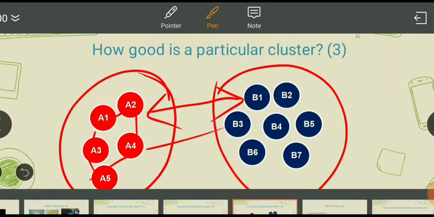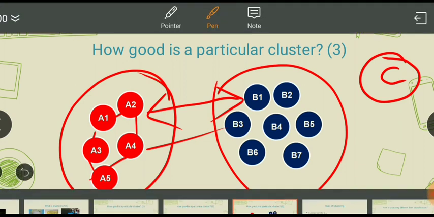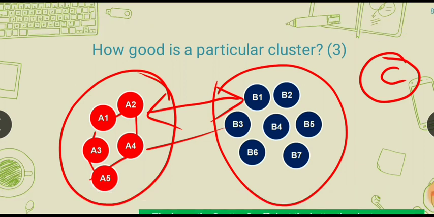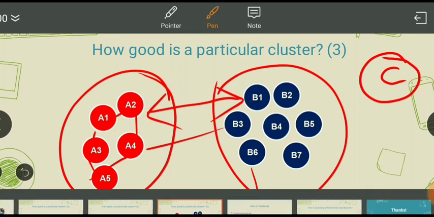Let's take an example here. Let's say I have a particular data element C, and C is not similar to anything in A, and not similar to anything in B, then I would say C is an outlier. So clustering can be used for outlier detection also.